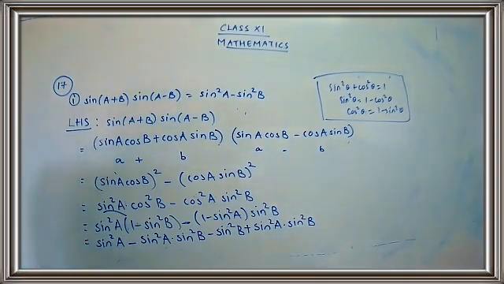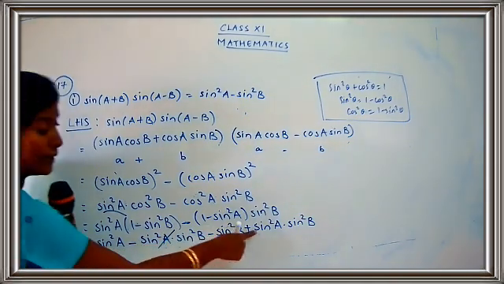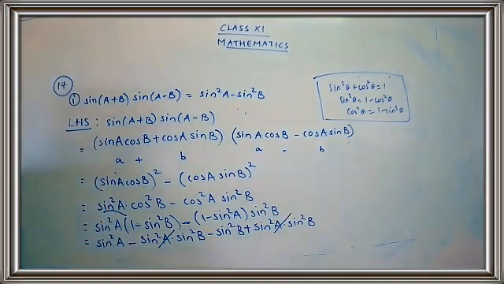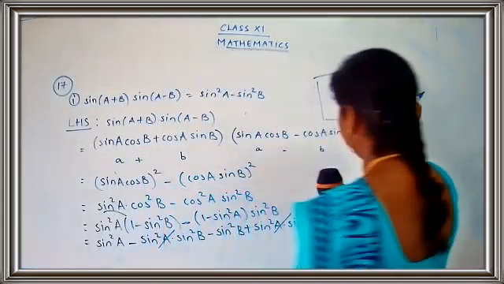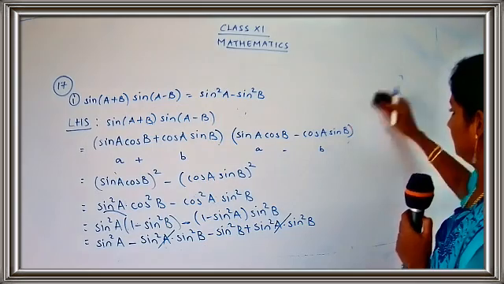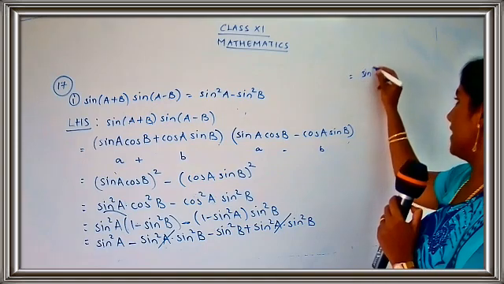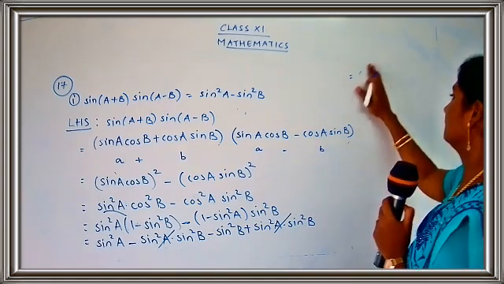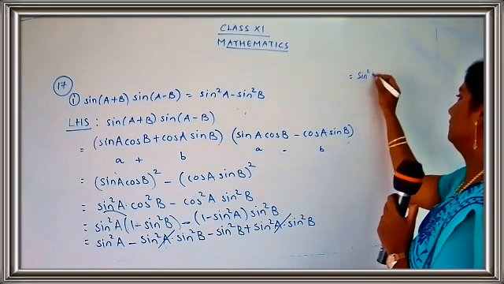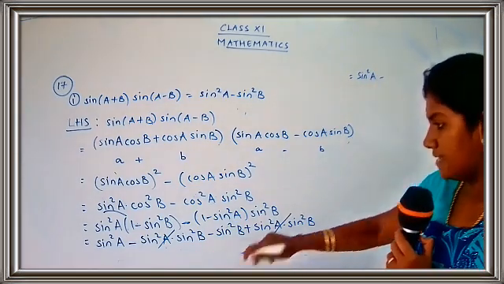Just check whether any terms can be cancelled out here. Yes, we can cancel minus sin²A sin²B and plus sin²A sin²B. Those terms get cancelled. So what is left? sin²A minus sin²B.